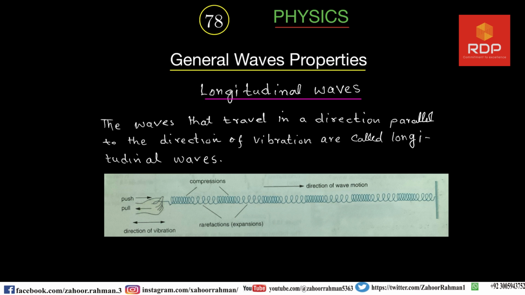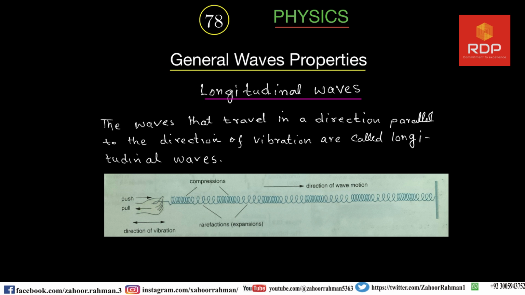So in the figure we are seeing the same slinky. Yesterday we discussed that the slinky spring is lying on the table top, and one end is fixed with a wall or with a fixed rigid support.